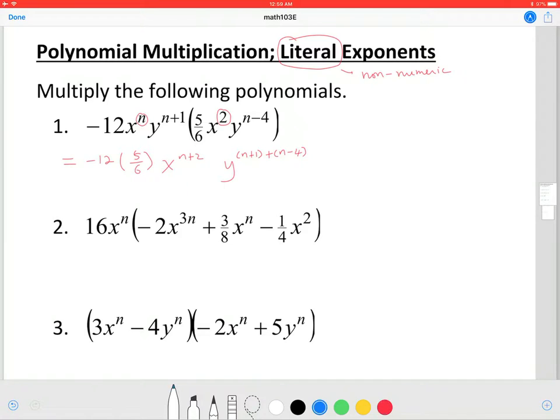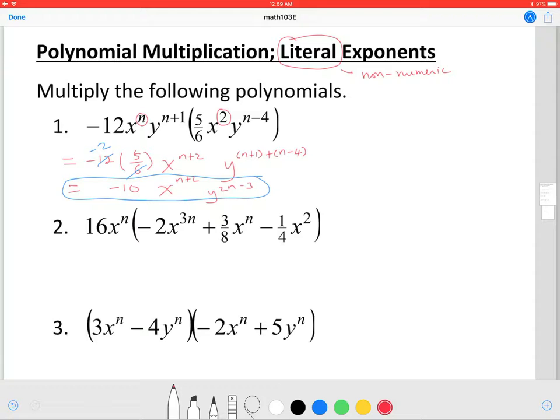So here, of course, the negative 12 and the 6 will cancel, so my final answer will be negative 10 times... negative 2 times 5, and x is already done, and y, well, I just gotta simplify n plus 1 plus n minus 4, which will be 2n minus 3. All right, so that's it for the first problem.